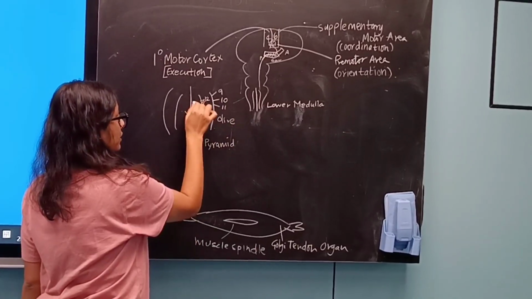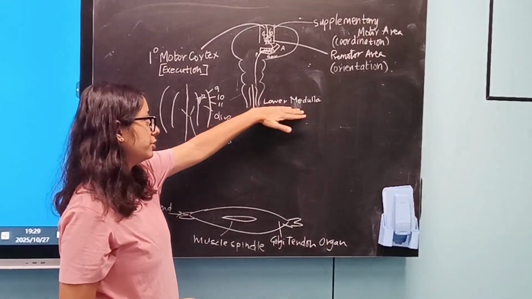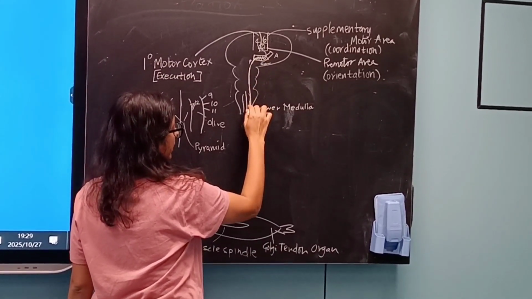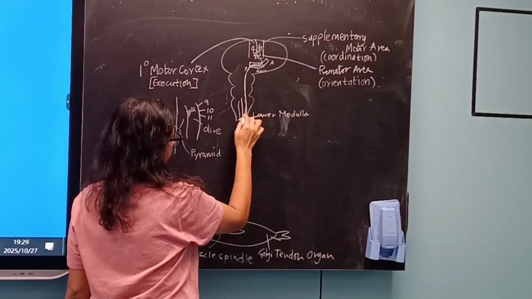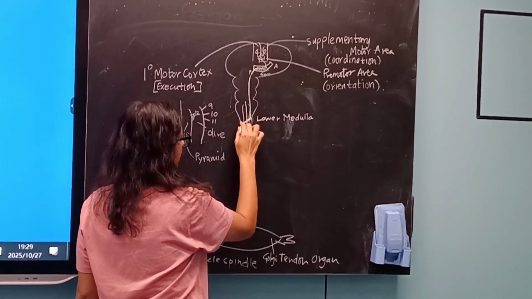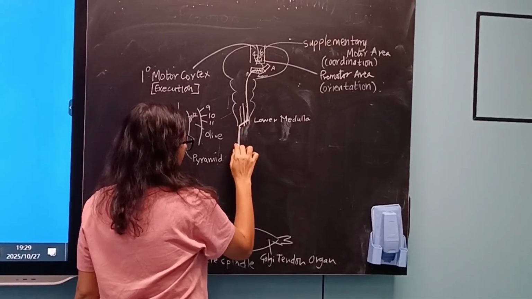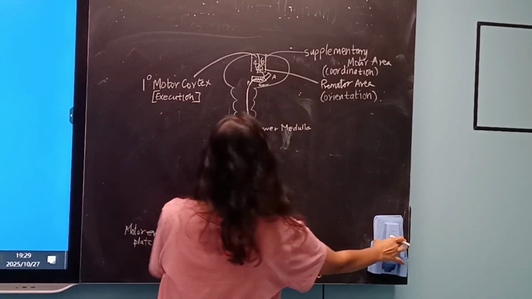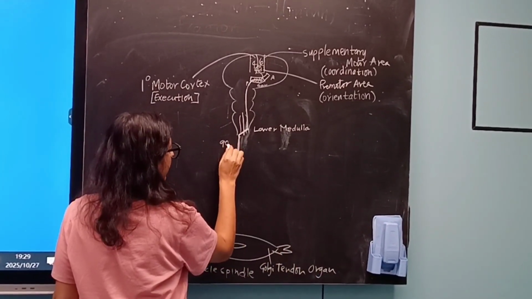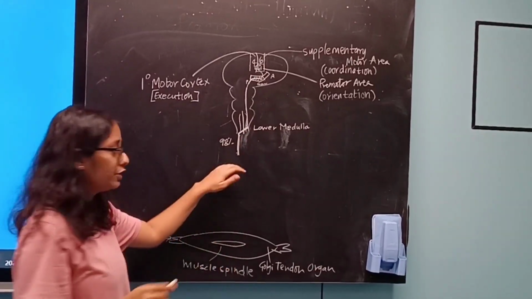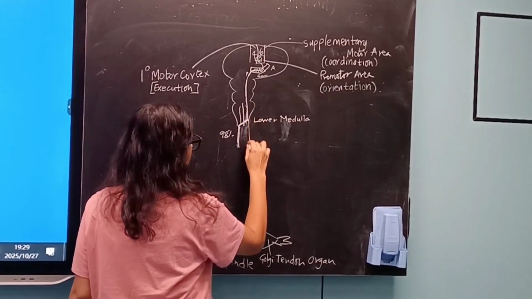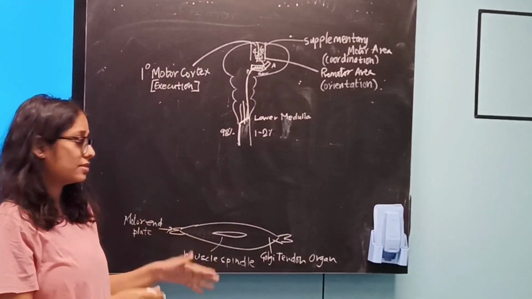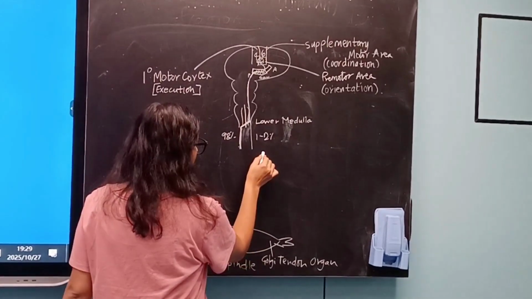So these are the areas in the lower part of the medulla where the corticospinal tract nerves come and decussate to the opposite side. About 90 to 98% of the fibers are going to decussate, while there will be just 1 or 2% of fibers which are not going to decussate and remain on the same side.